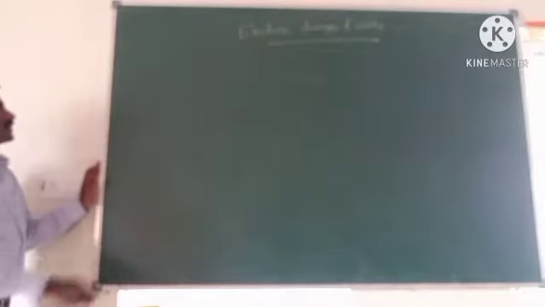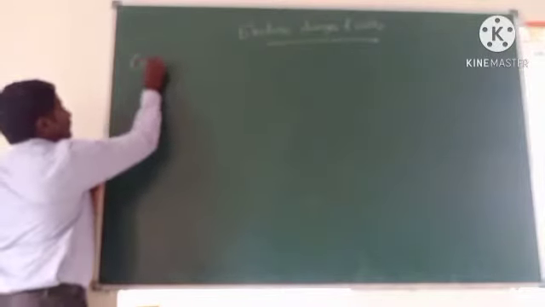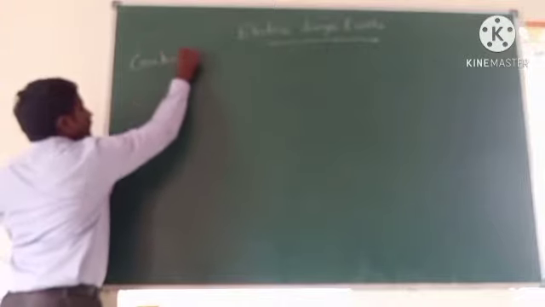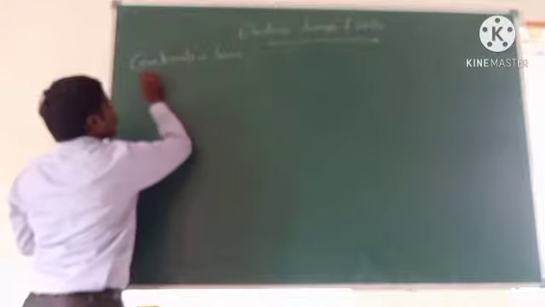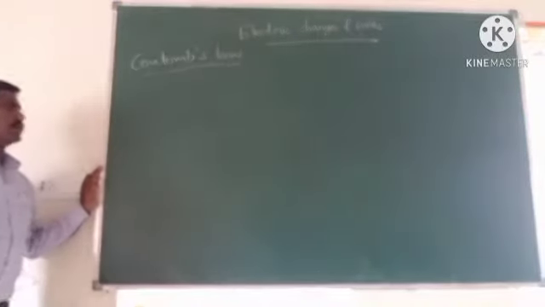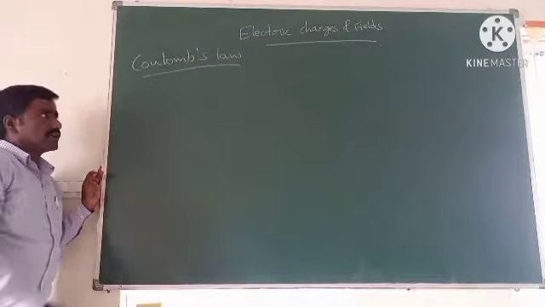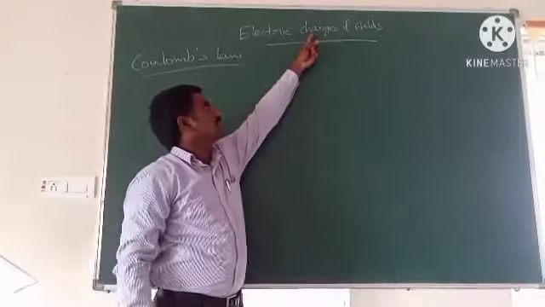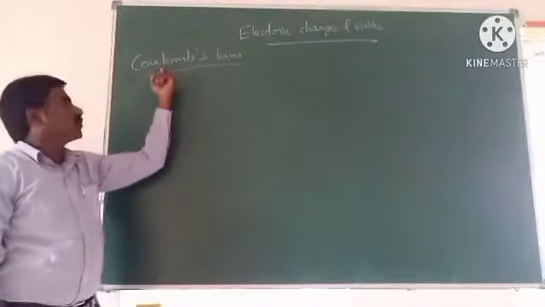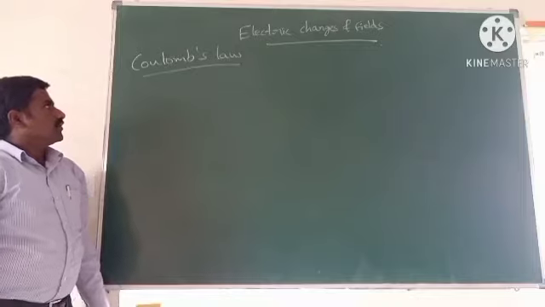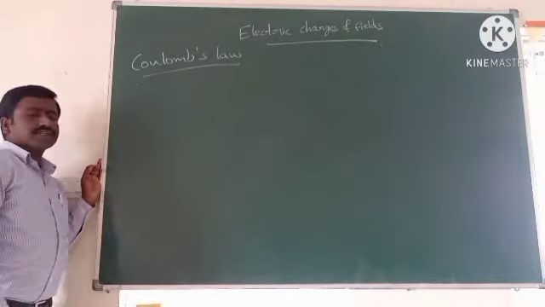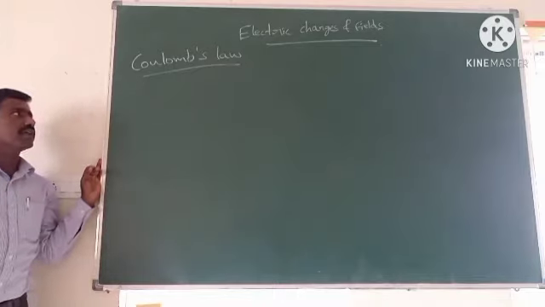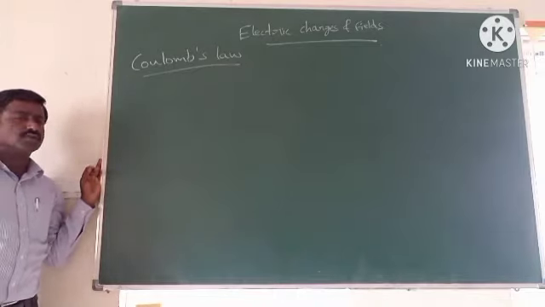Now today we are going to discuss Coulomb's law. Coulomb was a scientist, and the unit of charge was named Coulomb. Coulomb has given one equation, according to which we can calculate the force of interaction between two point charges.